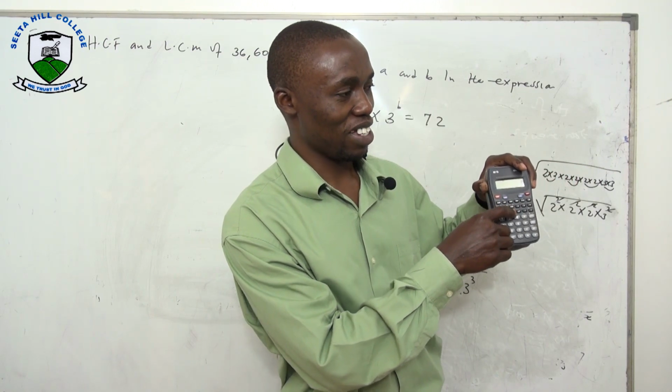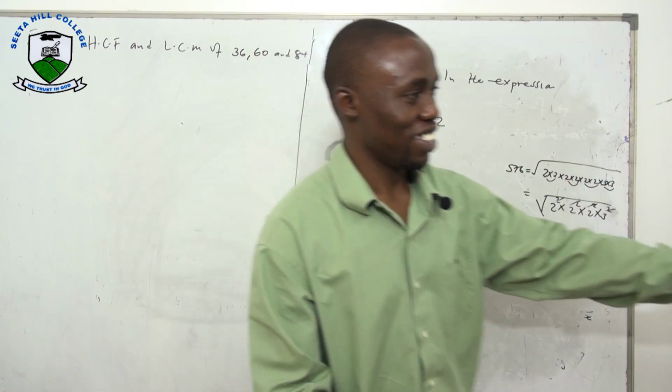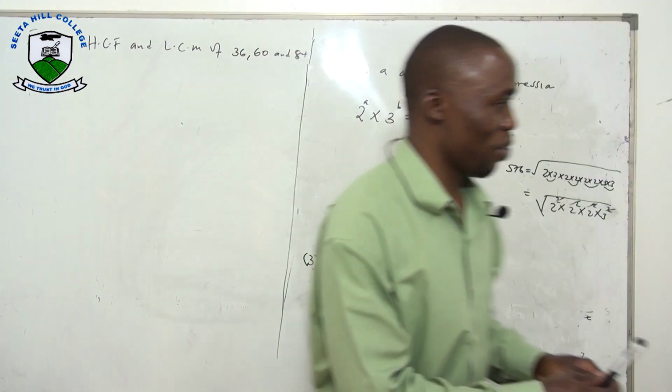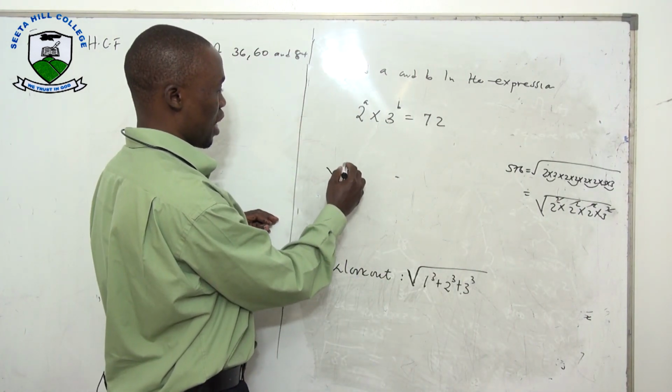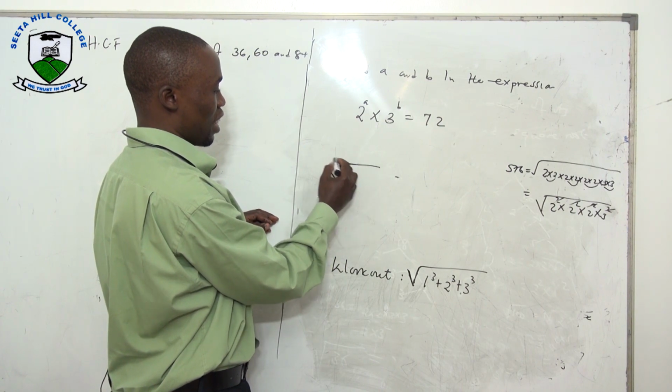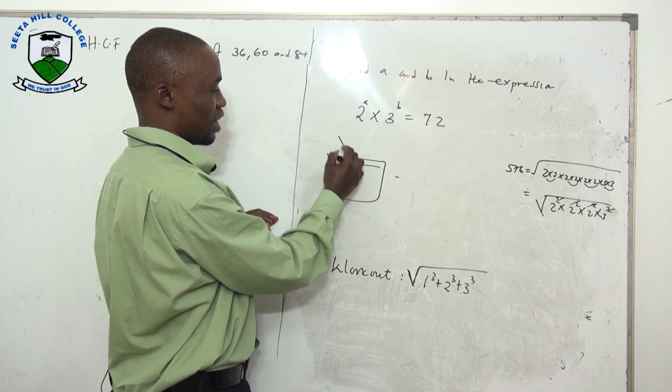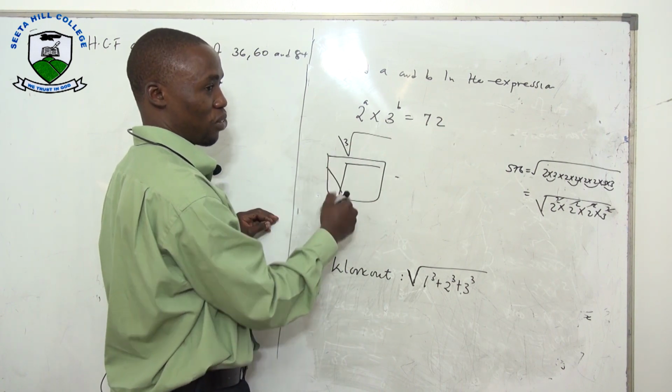Your button has square root. Then there is this other button here.